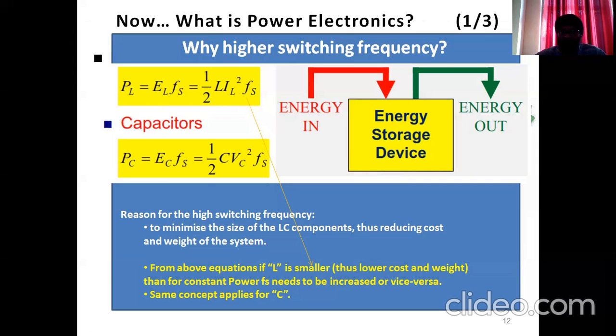That is the reason, to minimize this inductor value to a very small value, which can give us all the benefits, we need to increase the switching frequency. So sometimes several kilohertz to several megahertz.